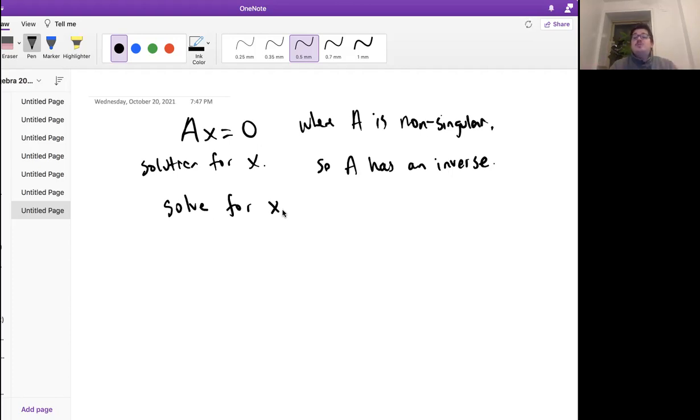So again, how would you normally solve for X if you see X equals 0 in the real number world? Why does X equal 0?